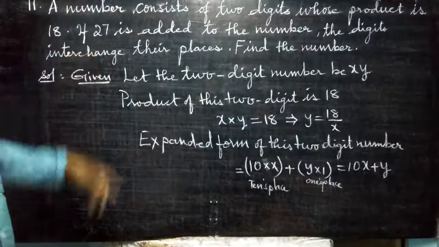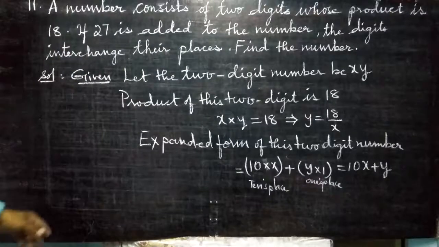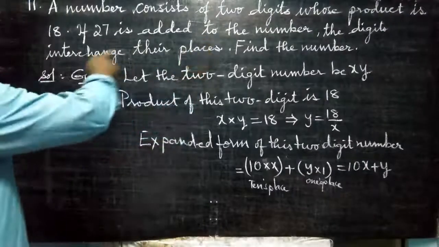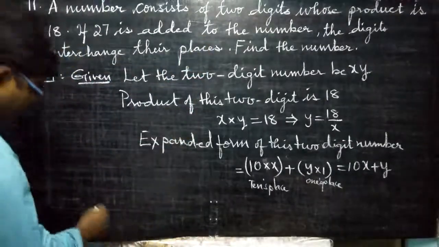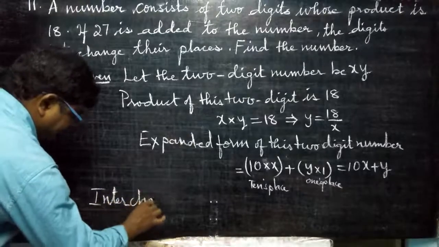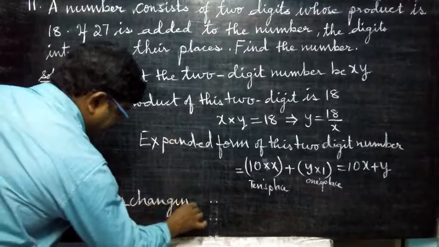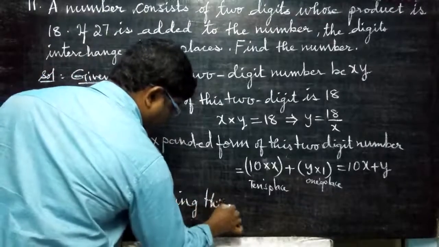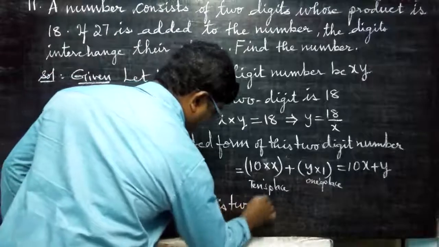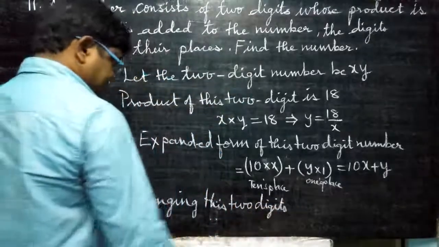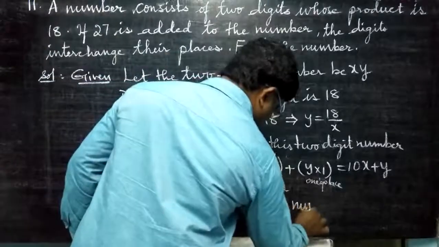Now 27 is added to this number. When 27 is added to the number, the digits interchange. So now do that one also: interchanging digits. Interchange, you know? Ones place digit will go to tens place, tens place digit will come to ones place.